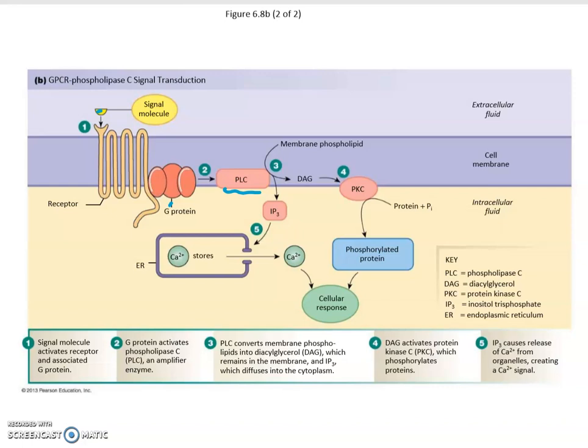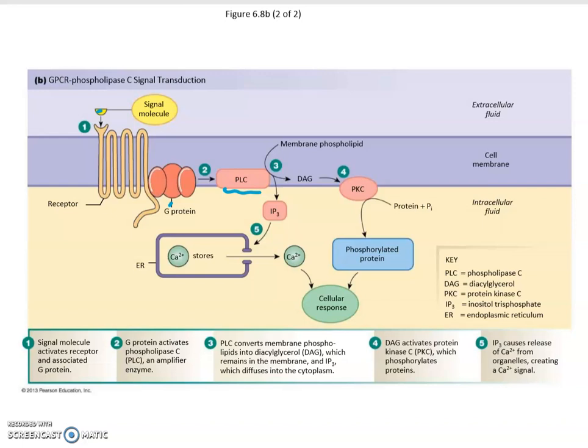Now PLC is a lipase, and lipases, as you know, digest fats or hydrolyze fats. Well, we are sitting here in the phospholipid bilayer, and phospholipid bilayers are made out of phospholipids. So a phospholipase C is a molecule that will take one of those phospholipids and chop its head off, basically.